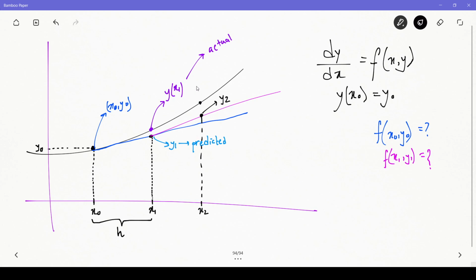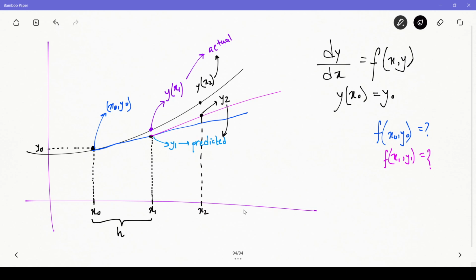Whereas the actual value of y at the point x2 is somewhere over here. This is the actual value, this is the predicted value, right? Fine. So we can go on ad infinitum until we reach our right hand side or the upper bound, right? So that's basically how the Euler method works.